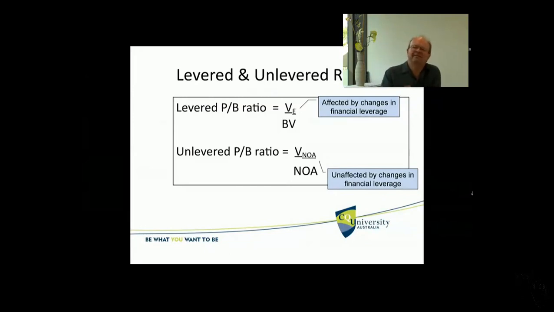The levered price-to-book ratio is affected by changes in financial leverage. So they'll change with different ways the business is financed, and they could appear to improve even though the operations are unchanged. If we think the financial activities of a firm are not adding value, then that's just noise in the ratio. The unlevered ratios are unaffected by how a firm is financed.